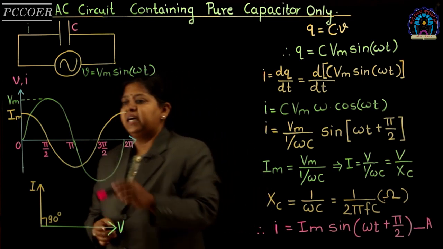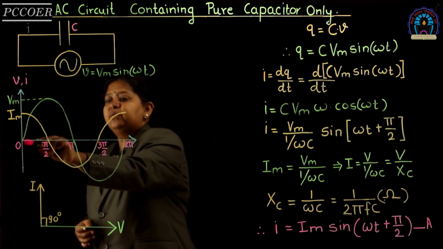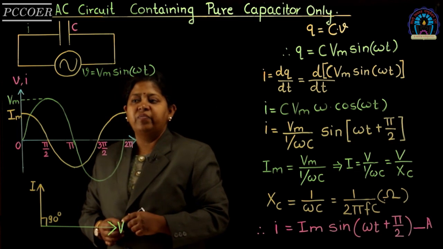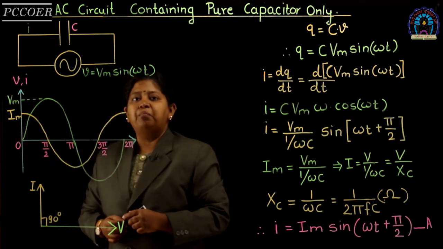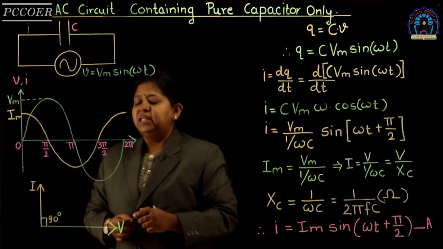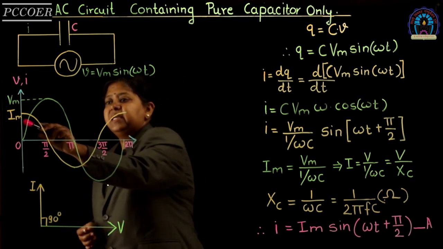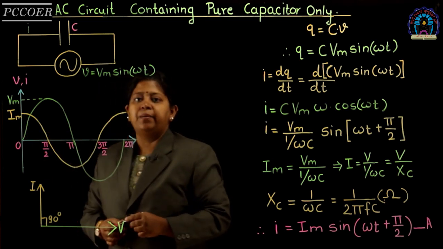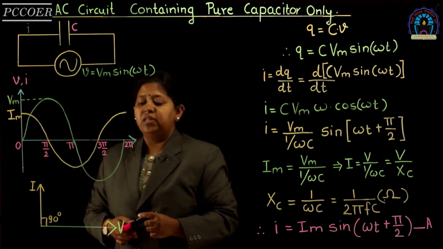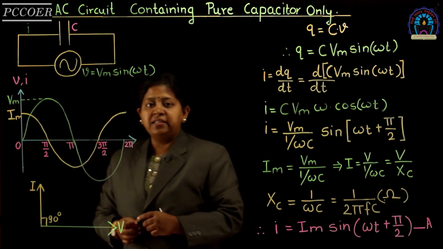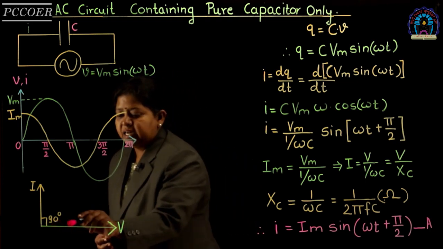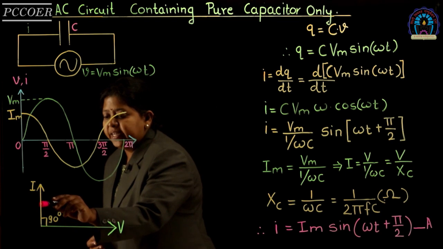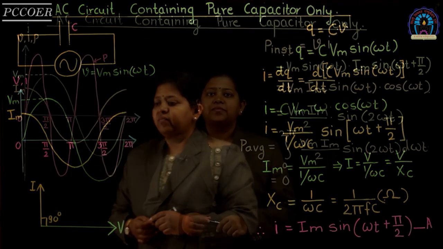It can be observed that voltage has 0 value at theta equal to 0, whereas the current was 0 at minus pi by 2 radians. This indicates that the current is leading the voltage by pi by 2 radians or 90 degrees. This is also reflected in the phasor diagram, which is drawn with voltage as reference and current is shown leading this voltage by 90 degrees.